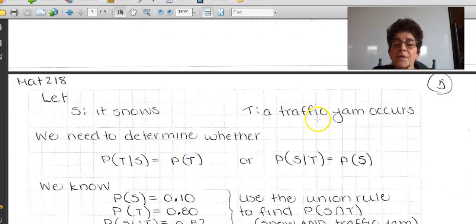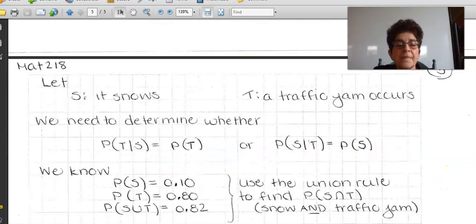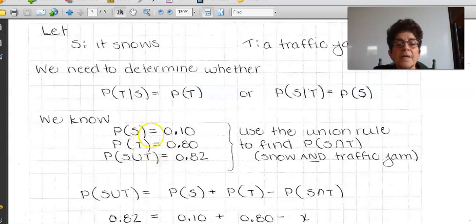What we want to determine in order to decide if we have independence is that the probability of event T, given that S occurs, is the same as the probability of event T, and the probability of S given that T occurred is the same as the probability of event S. Remember, we said that this was our criterion for independent events. So here's what we know. We know the probability of snow is 10%, the probability of a traffic jam is 80%, and the probability of either of them happening, either or, is 82%.